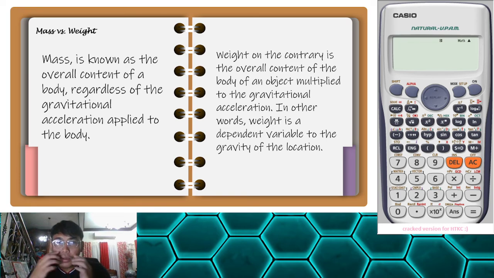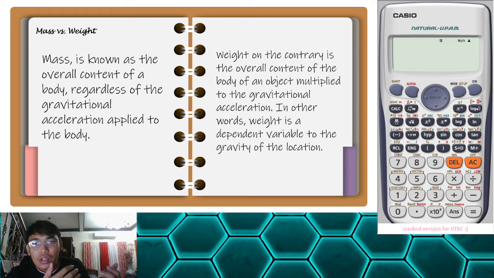So when we talk about mass and weight, this is not a question of whenever, because none of us have been to space, unless you're super rich or you have connections and maybe go to outer space.